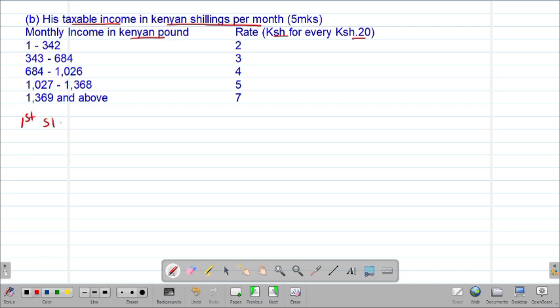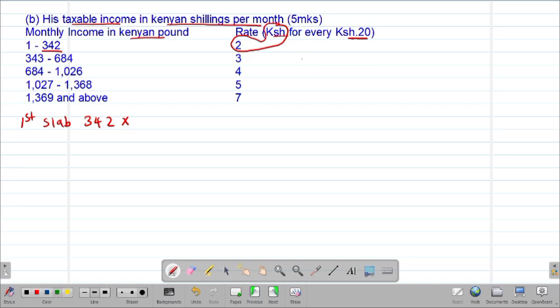So the first slab will be given by the amount, 342, then multiplied by the rate, which is 2 shillings. So we need to interpret this second part. This part simply means that the person is being deducted a tax of 2 shillings for every 20 Kenya shillings that he earns.